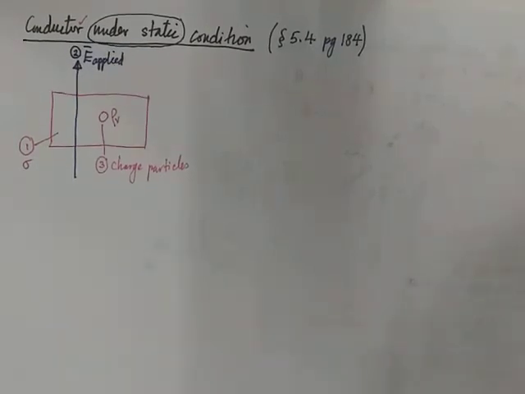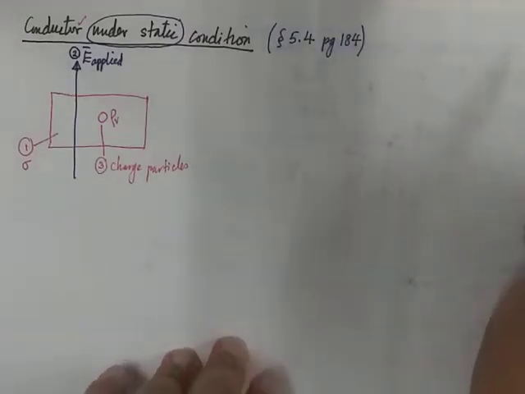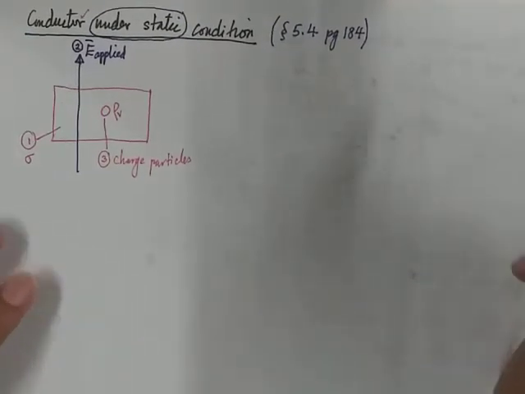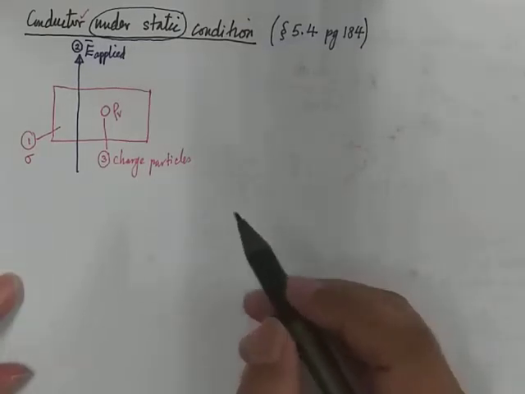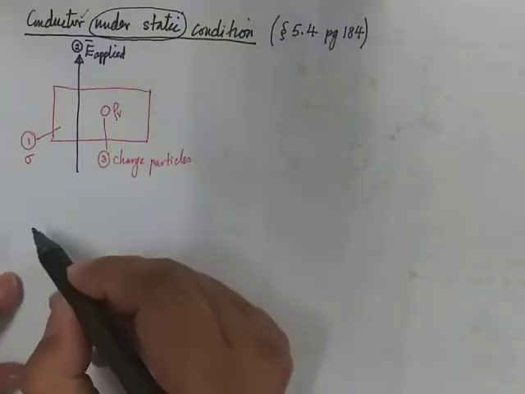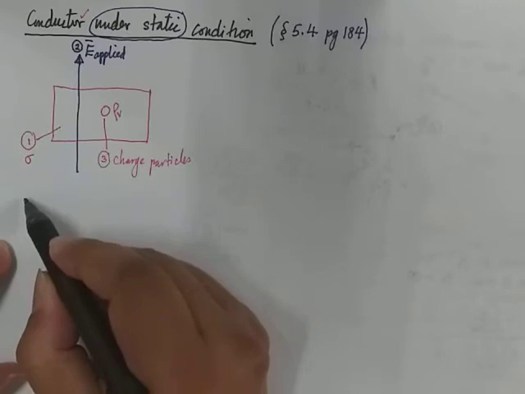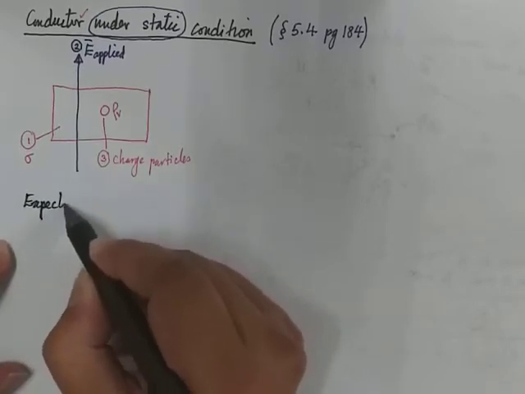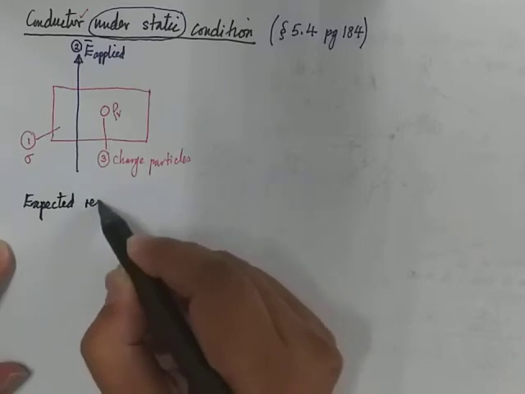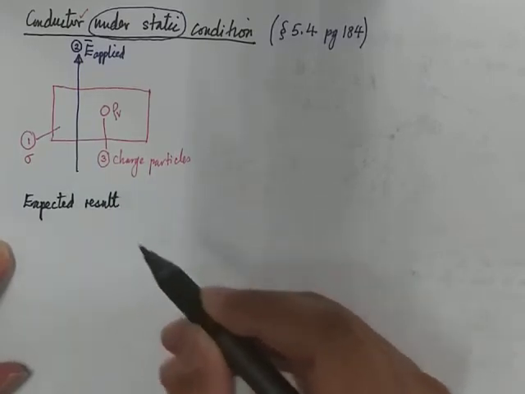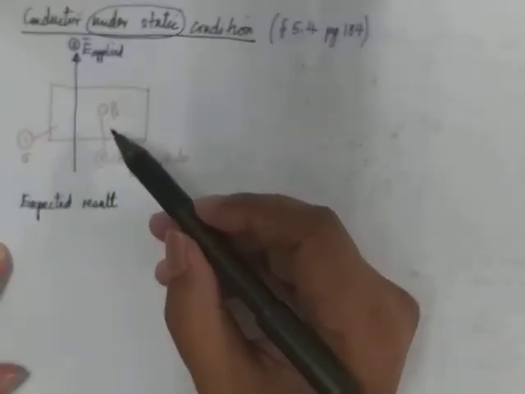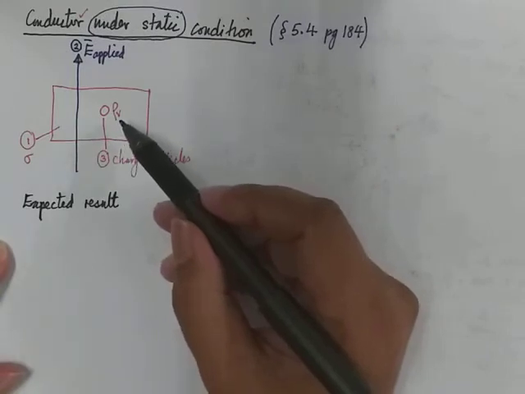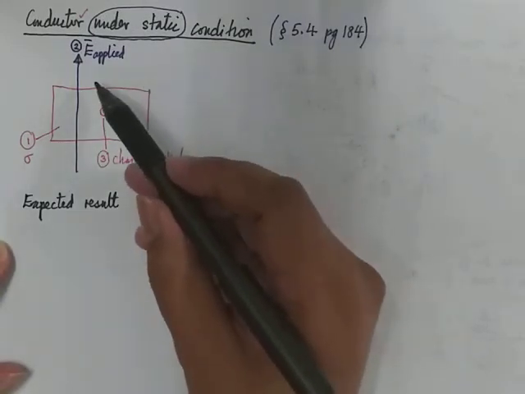In order to discuss the issue, I'm going to draw, because we are investigating rho v, correct? So I'm going to put here my expected result: the result of how the charge behaves with the E applied.